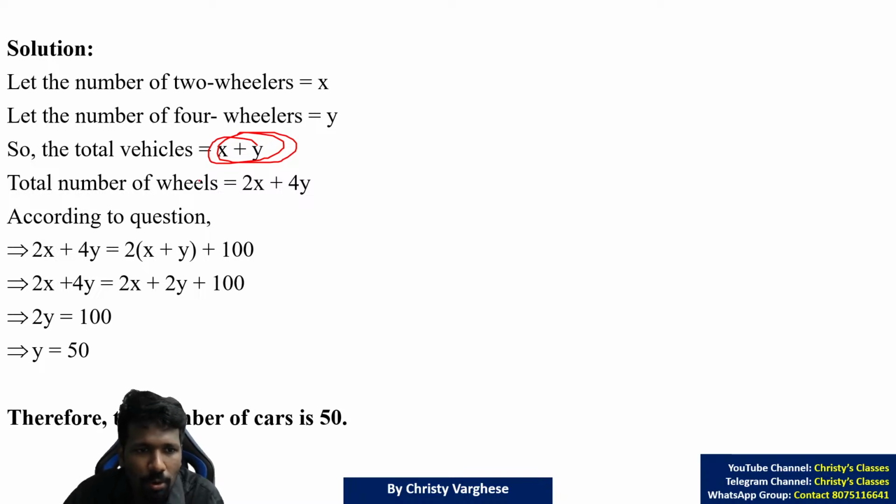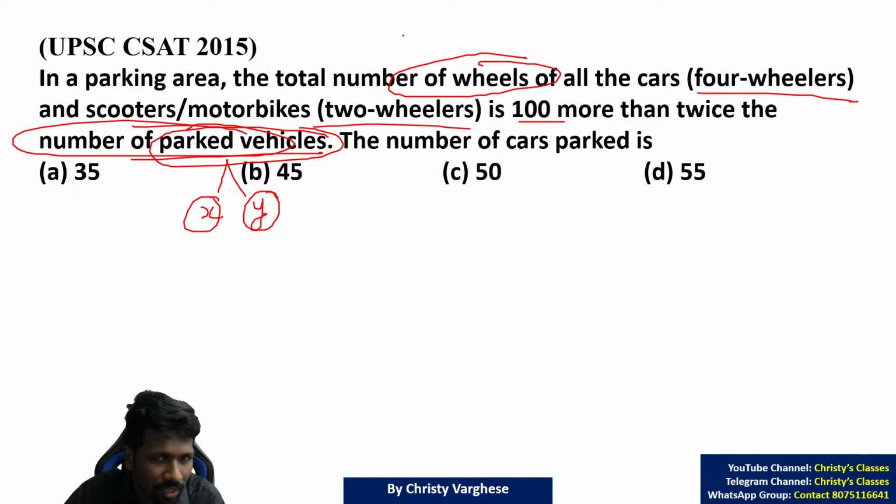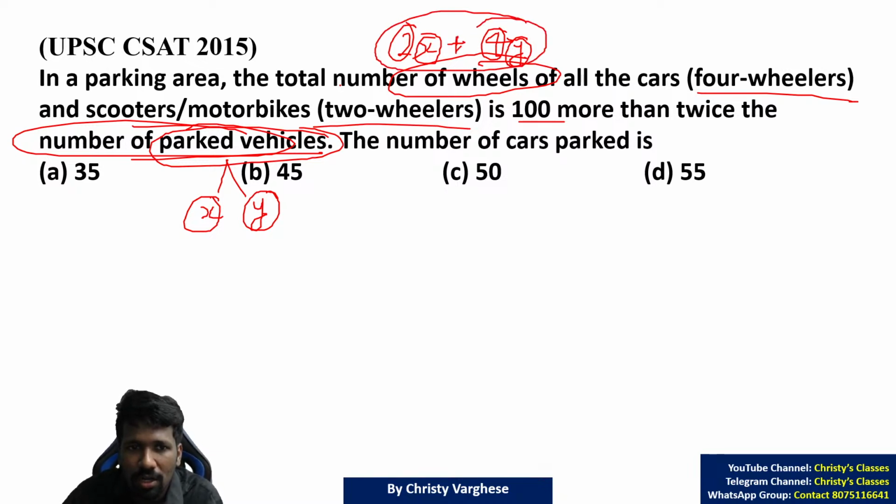And what about the total number of wheels? Every two-wheeler has two wheels, that is why it is called two-wheeler, so X two-wheelers give 2X wheels. Every four-wheeler has four wheels, so Y four-wheelers give 4Y wheels. Adding this up gives the total number of wheels.